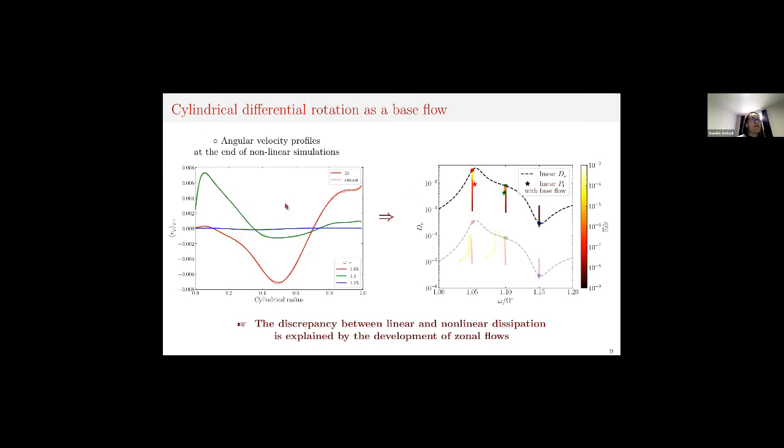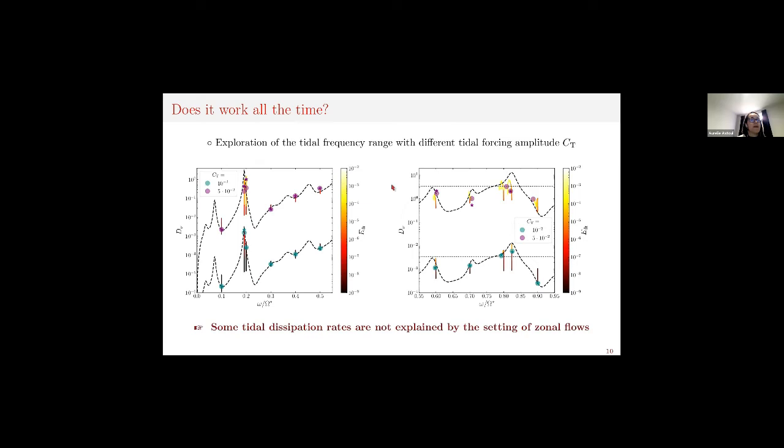We have tried to check if this is true for other frequencies, meaning that we have done a lot of linear and nonlinear simulations, trying to explore all the other frequencies that are permitted by inertial waves. And we have done that for different tidal amplitude forcings.